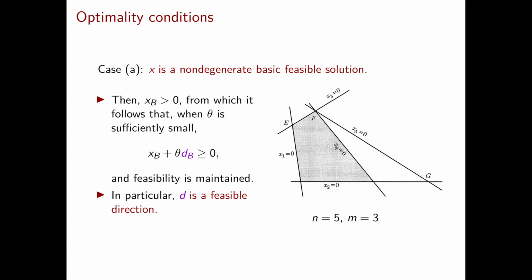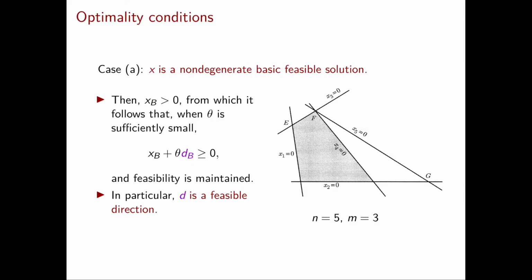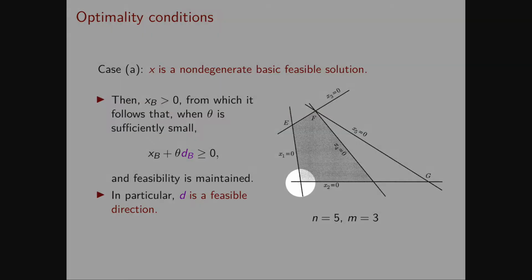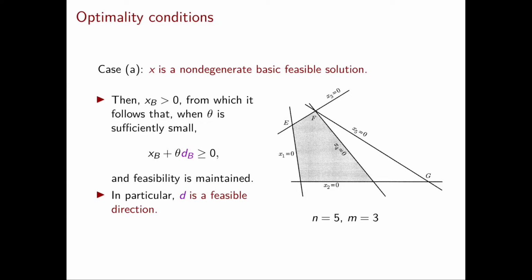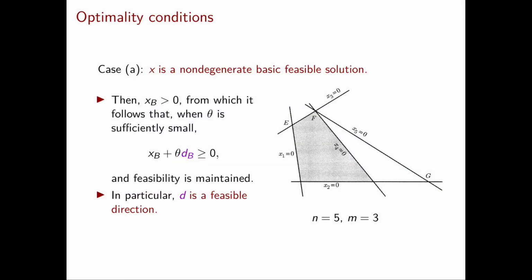We can now visualize this case in our example, and we can reuse the example of a basic direction that we saw earlier. In fact, let's consider this basic feasible solution, and let's consider the first basic direction. In this case, as we already discussed, we're moving from this vertex to the right along the line x2 equal to 0. As you can see from the picture, this is a feasible direction.